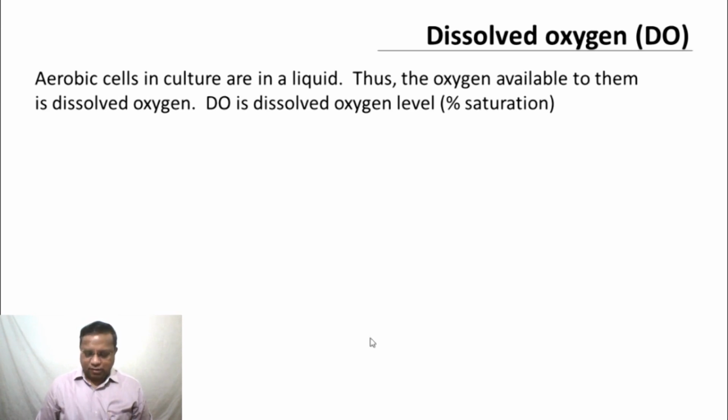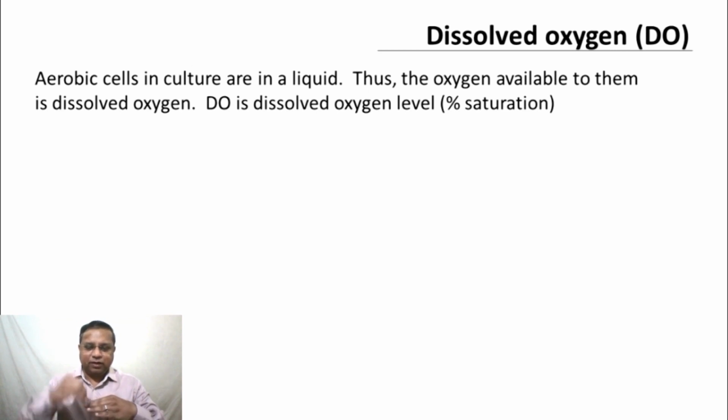What it means is, you would have been introduced to the concept of equilibrium. Let us say that we are considering water which is in contact with air. Oxygen which is in the air will transport to the water phase, from the gas phase to the liquid phase. This will happen till a certain equilibrium is achieved.